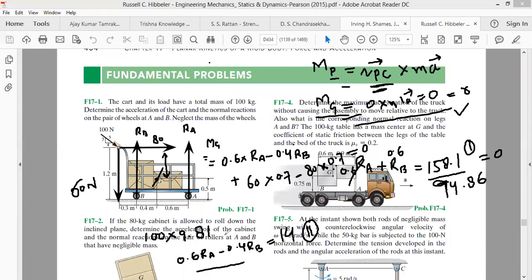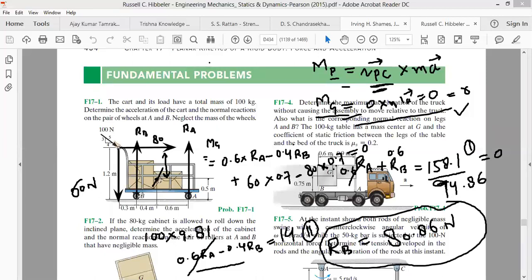So 0.6 RA and 0.6 RA will cancel. This is 0.6 RB plus 0.4 RB, so RB becomes equal to 94.86 minus 14, that is equal to 80.86 Newton. Therefore, the value of reaction at B is equal to 80.86.